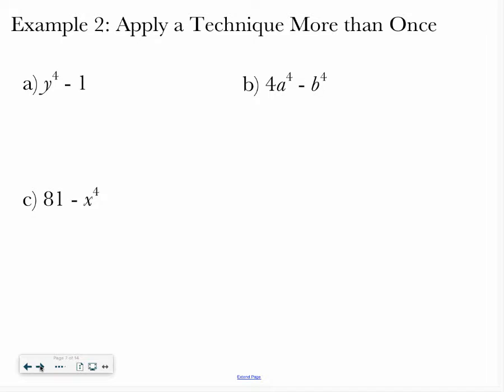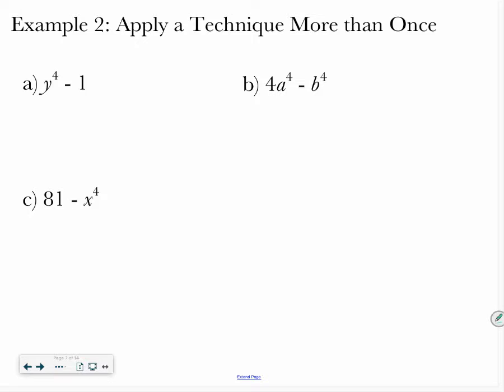Okay, so example 2 is talking about applying the technique more than once. Before, we were looking at what numbers get me to that squared. What happens when we get to a y to the 4th and there's no y over here so we can pull things out?